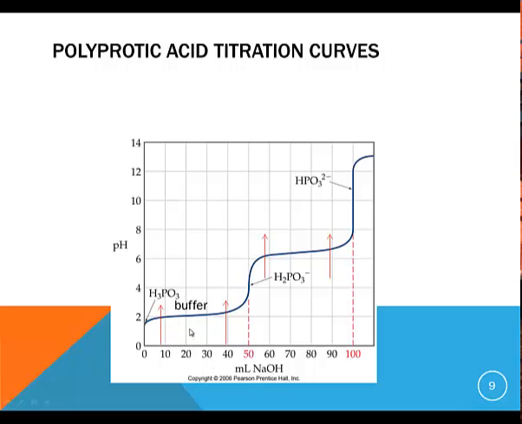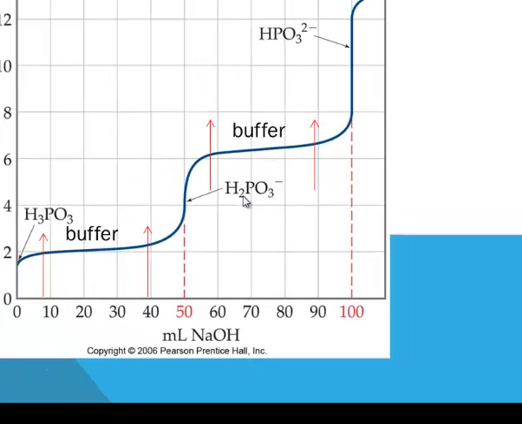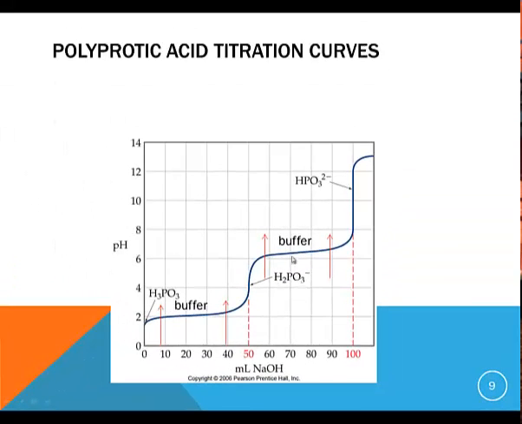The first buffer region would be associated with H3PO3 and H2PO3-, and if I needed a Ka to solve that buffer problem for the pH, I would use Ka1, take the negative log of that, and that would be pKa1. If I wanted to solve for this particular buffer region here, I would use the pKa for dihydrogen phosphite, because in this buffer region my acid is H2PO3- and my conjugate weak base is HPO3 2-.